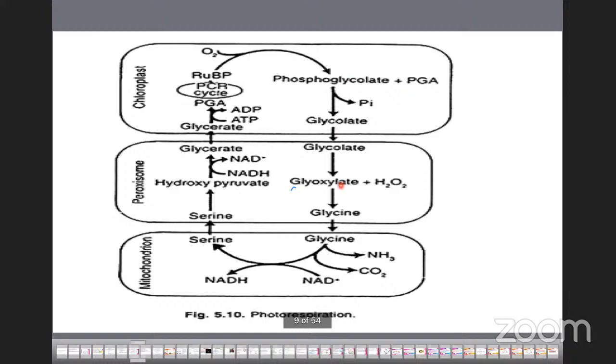So here the changes are once again under extreme conditions like high temperature and high oxygen concentration.